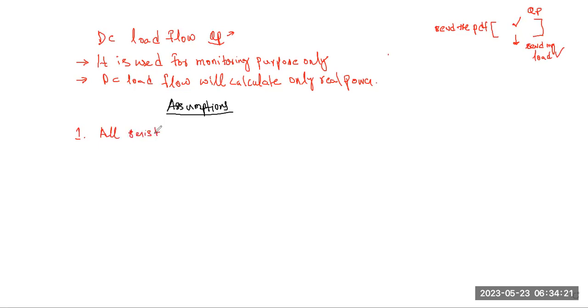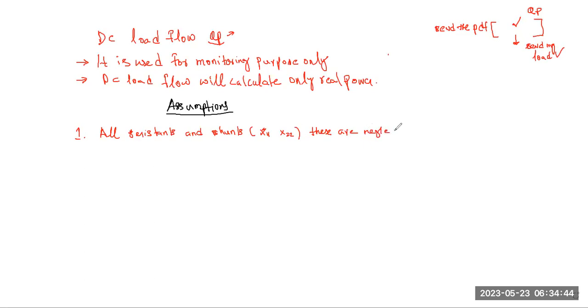Shunts would mean a branch that is coming in parallel, suppose you are having an X11 branch or X22 branch. These are neglected. When I solve the problem, you will understand.